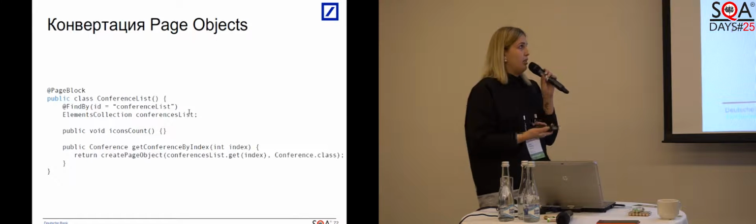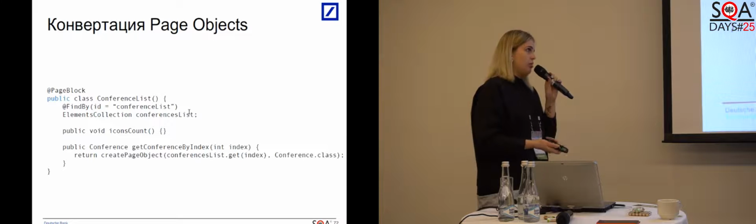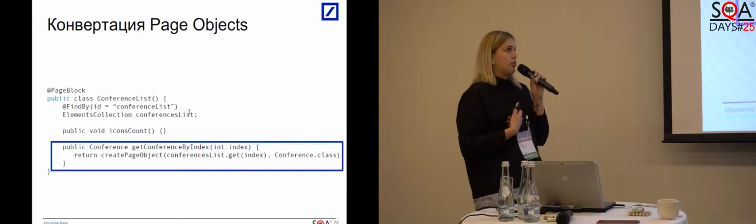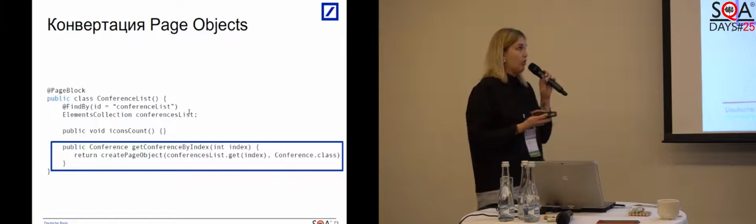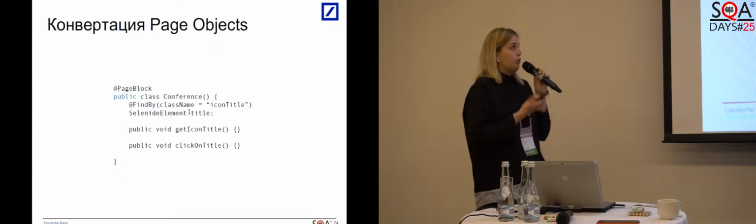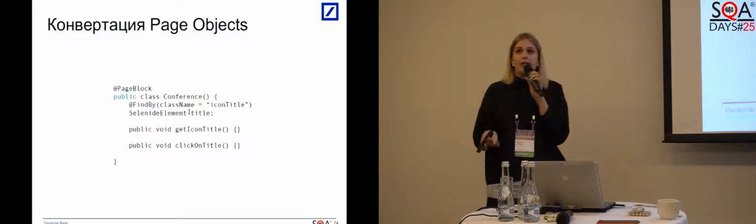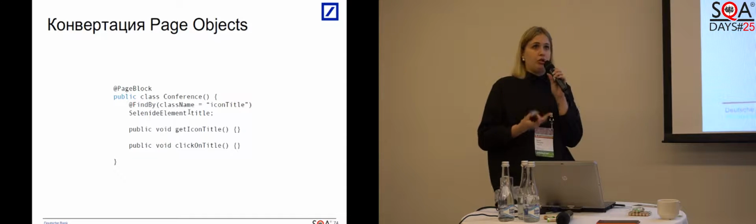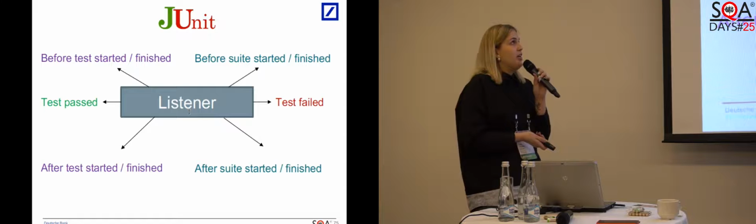That's why I decided to represent the whole list as a separate page block with certain basic methods, such as calculation of icons, index, and so on, and the return of an icon on the basis of index will be done like that. So here you have a title, pushing, and so on. To describe everything, you need just to take two page blocks that are easily converted into each other.